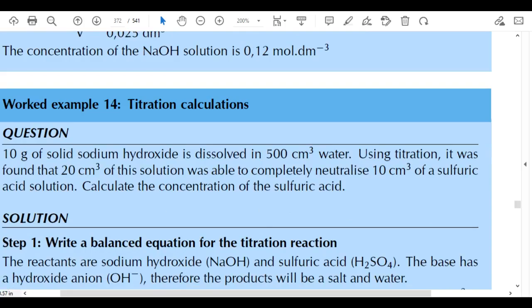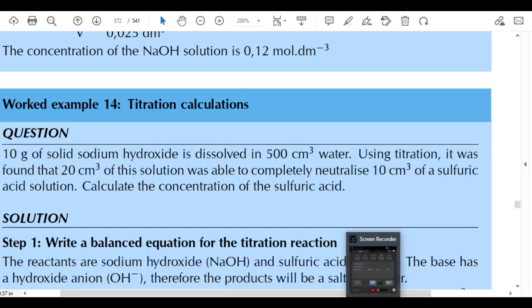So now we have another example. They say 10 grams of sodium hydroxide is dissolved in... This one we're going to do a little bit quicker with the formula only. 10 grams of sodium hydroxide is dissolved in 500 cubic centimeters of water.